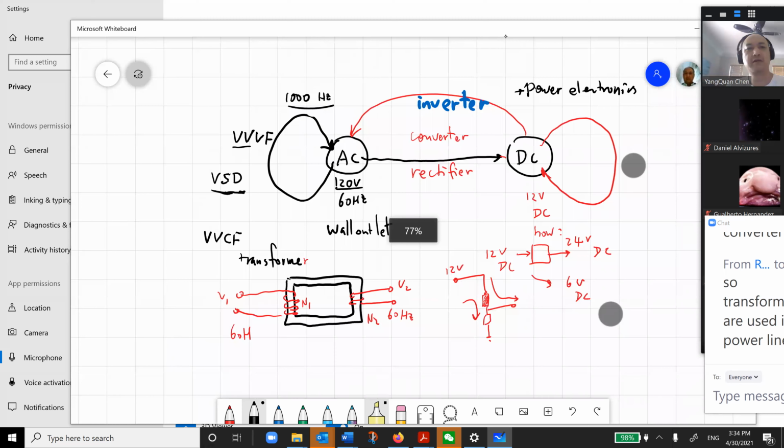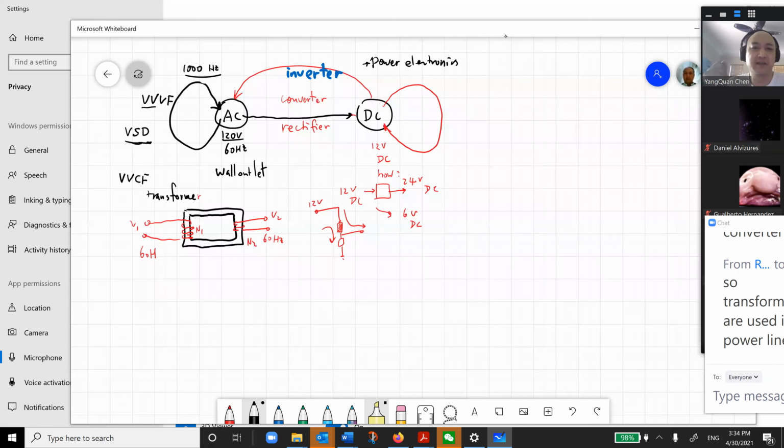So just for your curiosity, if you want to step up the DC, what are you going to do? You can buy a DC-DC block. So basically you have a DC in, you have DC out, okay?